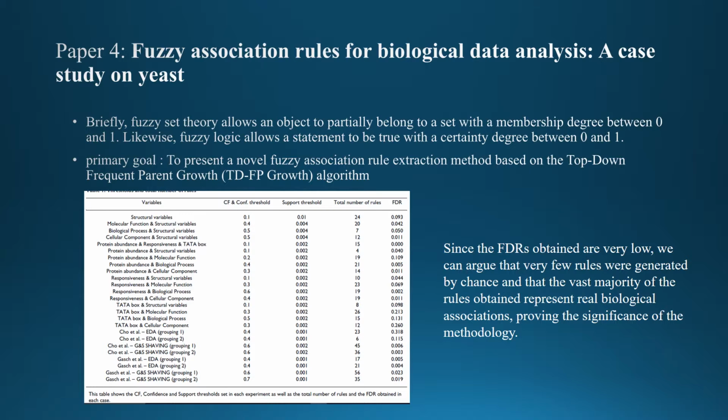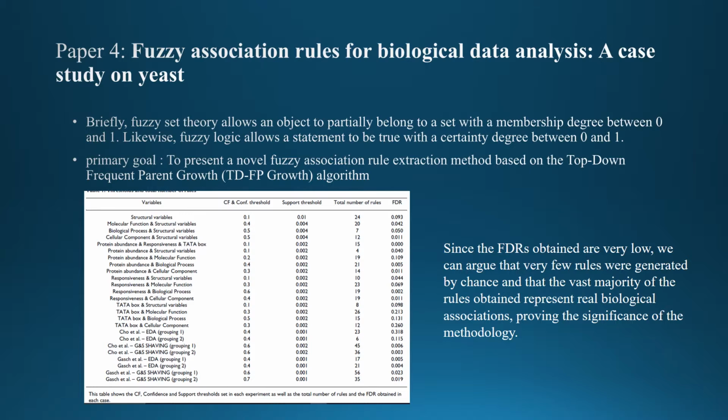The fuzzy set theory allows an object to partially belong to a set with a membership degree between 0 and 1. So it's not binary data. Likewise, fuzzy logic allows a statement to be true with a certainty degree between 0 and 1. So it gives a value between 0 and 1 that signifies the importance of that particular data.